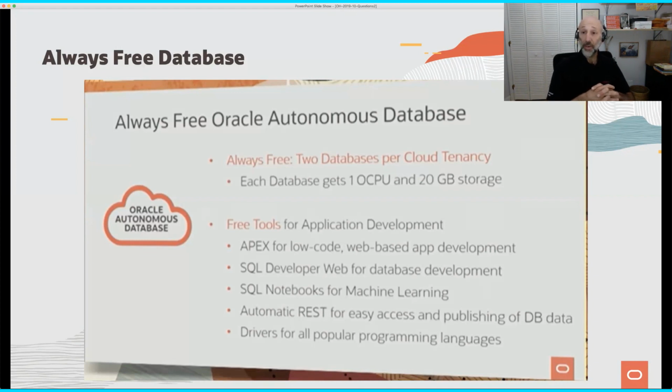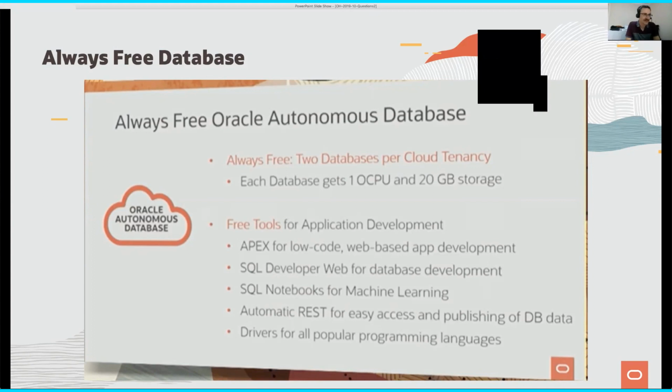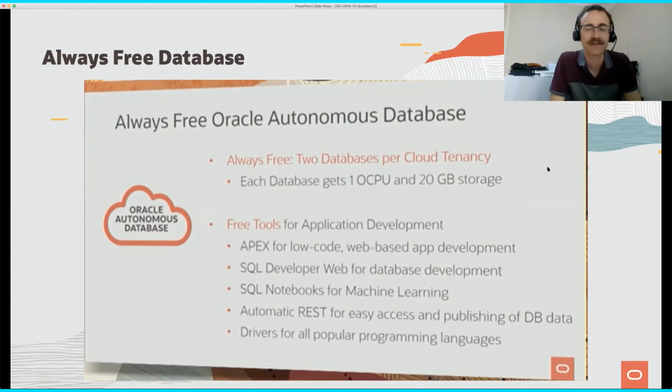Yeah, interesting comment from Judith about the pros and cons of on-premises databases versus XE versus the Always Free cloud. I think we could cover quickly the free options of XE versus Autonomous. For me, the advantage of using something like Autonomous is it's up to us at Oracle to look after the whole thing.